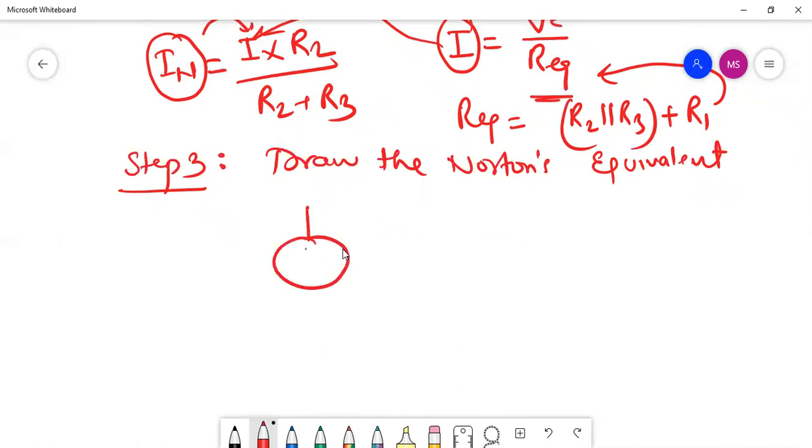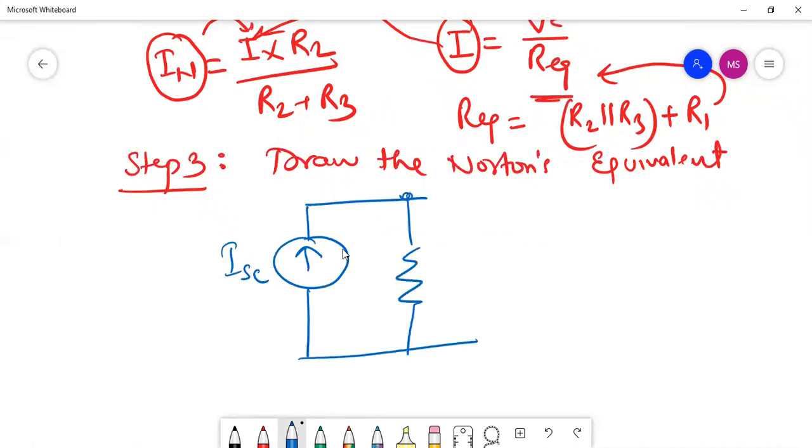So it is shown by this current source, which is ISC, and then we have a resistance here, which is Rn, and then we have the load terminals here, AB, and the load resistance is connected here. This is RL, and let us say IL is flowing here.